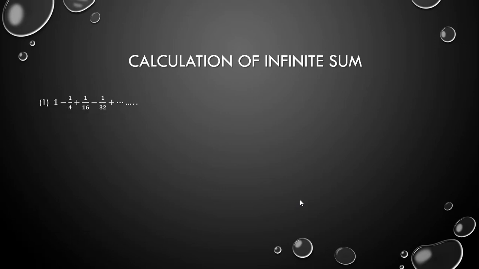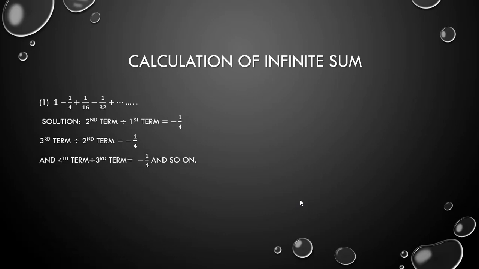So we take the first one: 1 minus 1 by 4 plus 1 by 16 minus 1 by 64 plus dot dot dot. Look here, the second term by first term equals minus 1 by 4. The third term divided by second term is minus 1 by 4. The fourth term divided by third term is equal to minus 1 by 4, and so on.